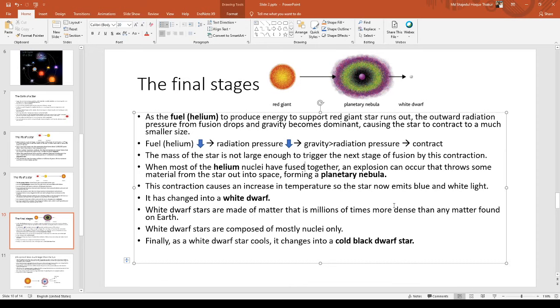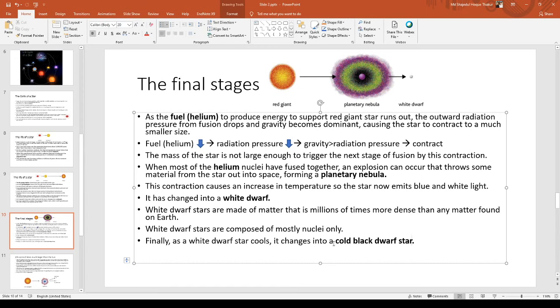Because to maintain white, the temperature needs to be very high, so it needs to radiate a lot of energy. As the energy runs out, it starts to become a brown dwarf, in the red end, its color deteriorates to red, brownish, and eventually it runs out of all of its energy and it becomes a cold black dwarf star.